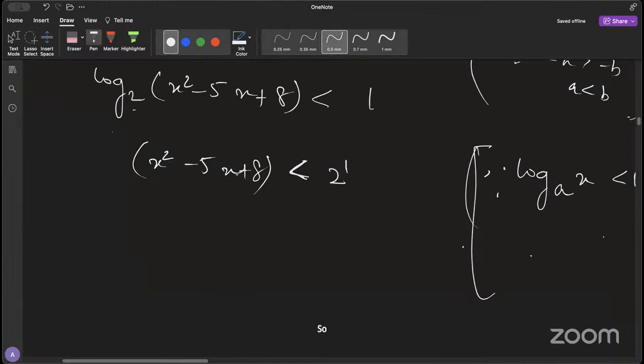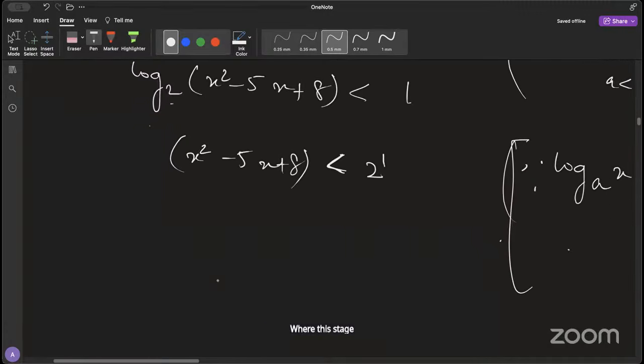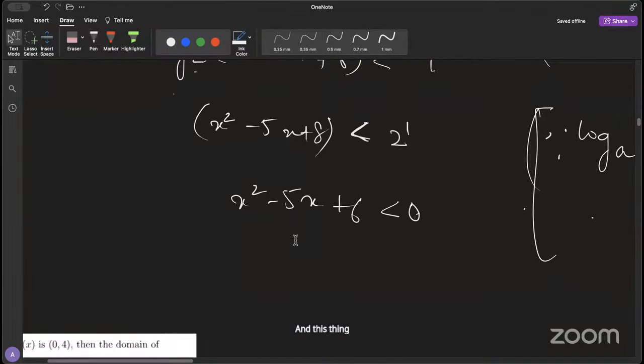So we're using this one, and this is going to give you x square minus 5x plus 6 less than 0. And this thing simply is, you will split this into minus 2x and minus 3x.